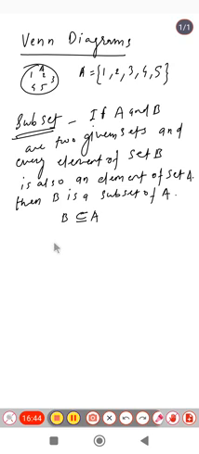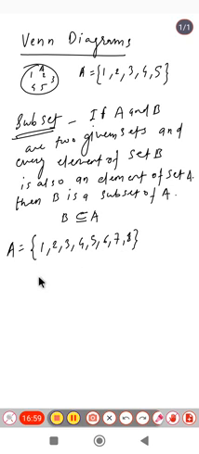Understand? For example, we take set A containing 1, 2, 3, 4, 5, 6, 7 and 8. Similarly we have the set B, with elements 2, 4, 6 and 8.